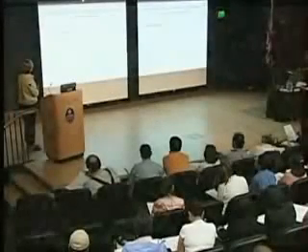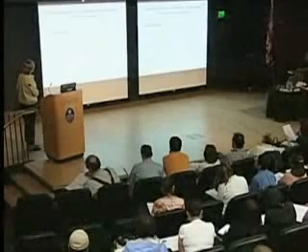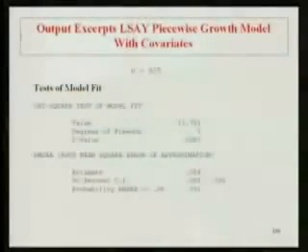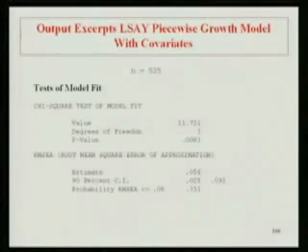If we look at the test of model fit, we have 3 degrees of freedom because we've added parameters to the model. The p-value isn't great for the chi-square, but the RMSEA looks okay. But what we're really interested in is the regression of these 3 pieces on the covariates, to see if the pattern of significance is different.